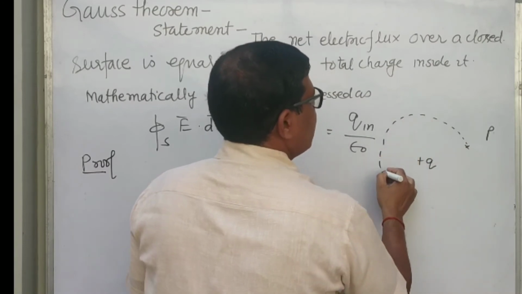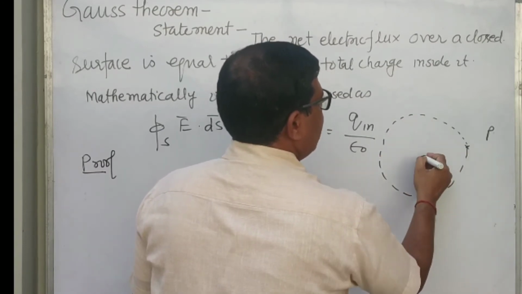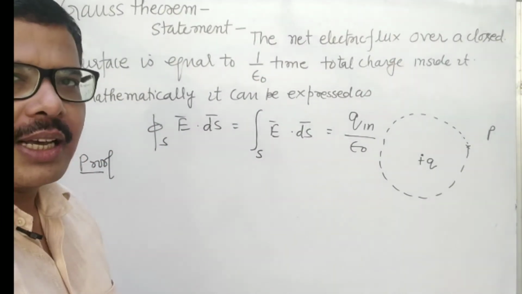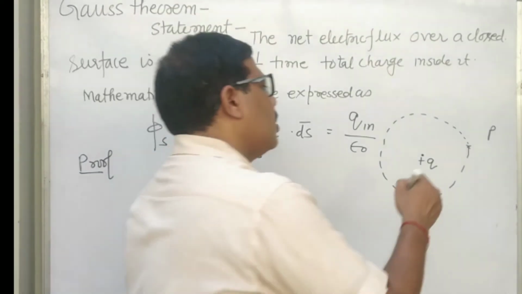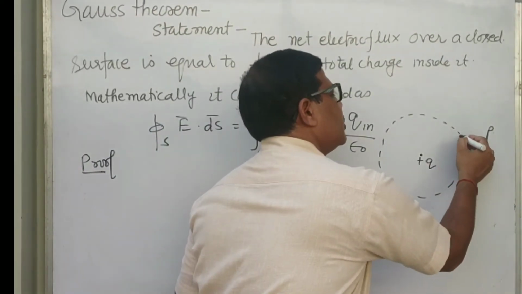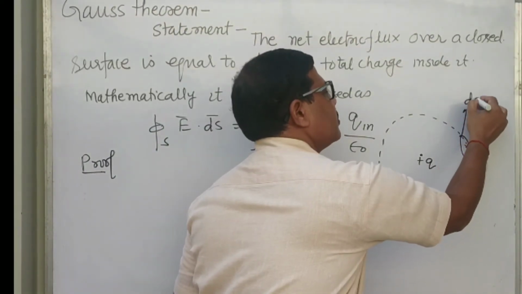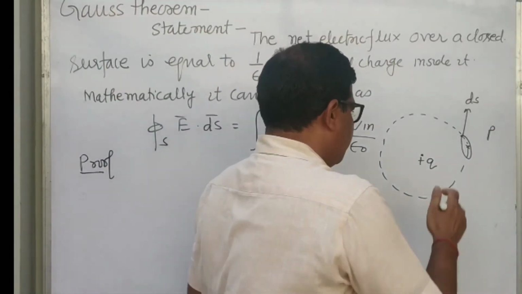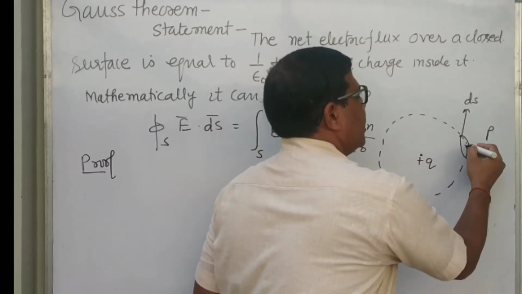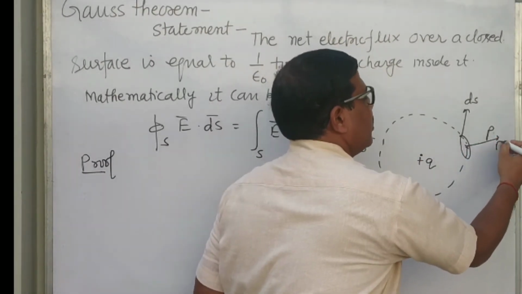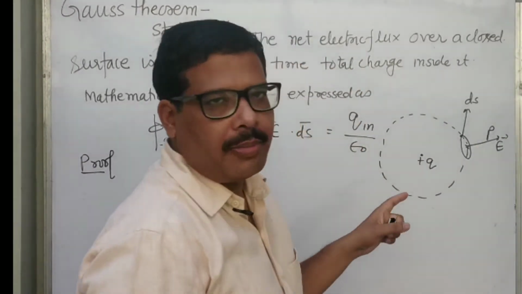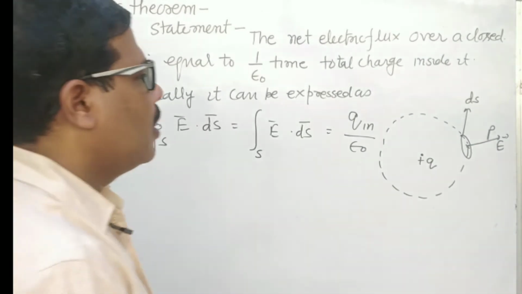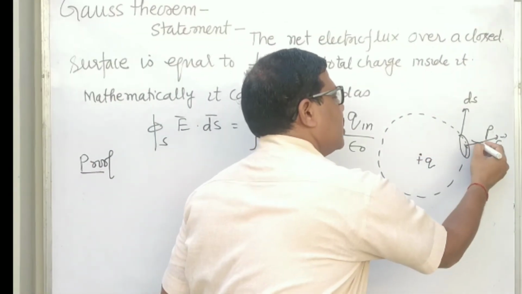The shape of this surface will be spherical. इसकी जो शेप होगी वो हमारी कैसी होगी, स्फेरिकल होगी. और हमने क्या किया यहाँ, we have to assume that a segment of surface area, छोटा सा एक सेगमेंट ले लिया. Now the direction of electric field will be normally outward. यहाँ पर जो इलेक्ट्रिक फील्ड की डायरेक्शन होगी वो नॉर्मली आउटवर्ड होगी. And the direction of ds will be same.